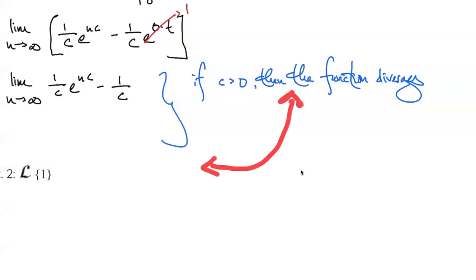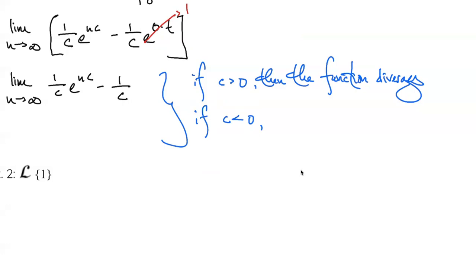As the input values get larger, the output gets really big, really fast. So then we say, well, what about if C is less than 0? We don't want to say equal to 0 because we already said in the beginning that C is not equal to 0.